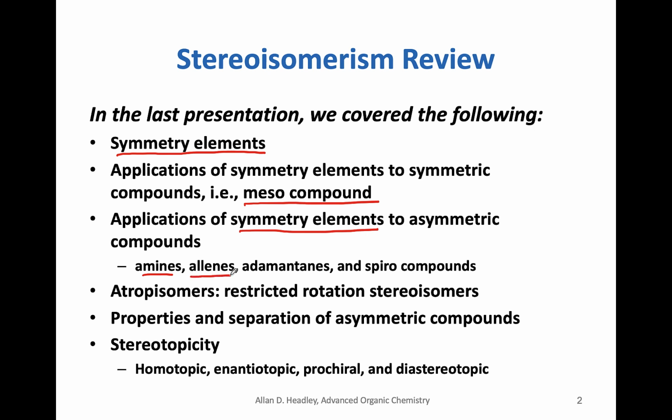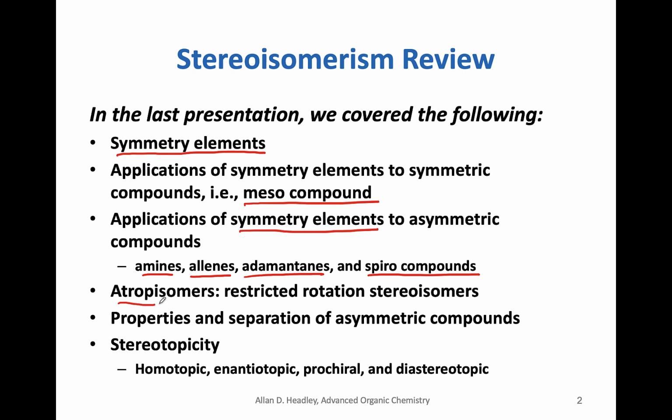Then we looked at allenes, which are double bonds in consecutive order. Then we looked at adamantane, which is a rigid bicyclic compound, and we looked at spiro compounds, using the symmetry elements.